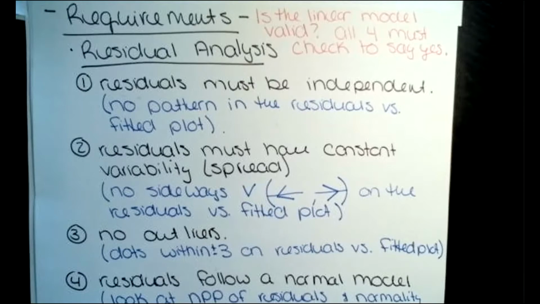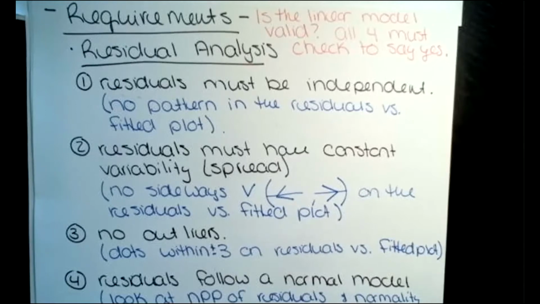Okay, so I want to take a look at some of the notes. I want to just show you some of this stuff from this residual analysis a little bit, and then we'll look at an example and go through that residual analysis with our example. So I'm just going to share my screen here, and we'll take a look at the day 22 notes.